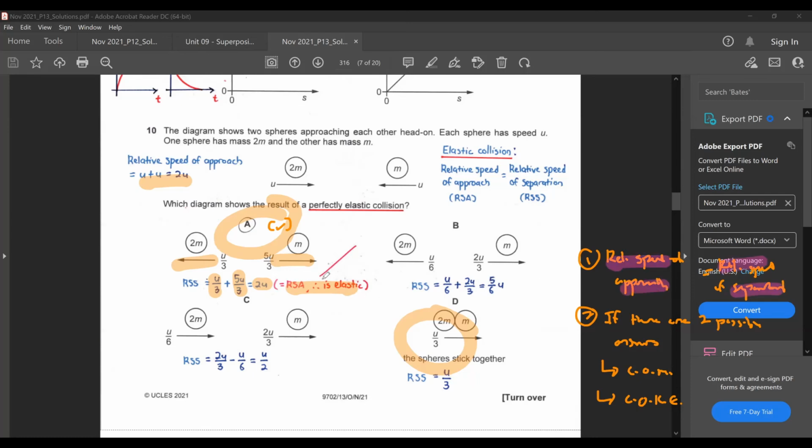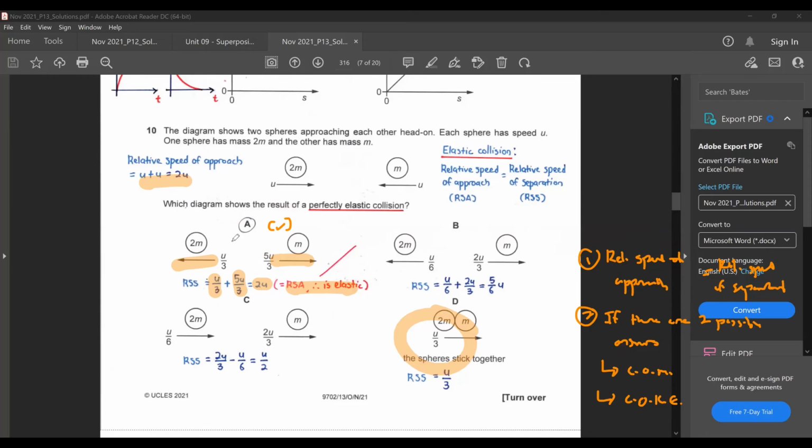It's only when you have two answers that are giving you this that you start to use a different criterion. Either you use conservation of momentum or conservation of kinetic energy. You probably have seen one or two questions like that, where two answers are giving you relative speed of approach equals relative speed of separation. From there, you notice that you have to do some other criteria.